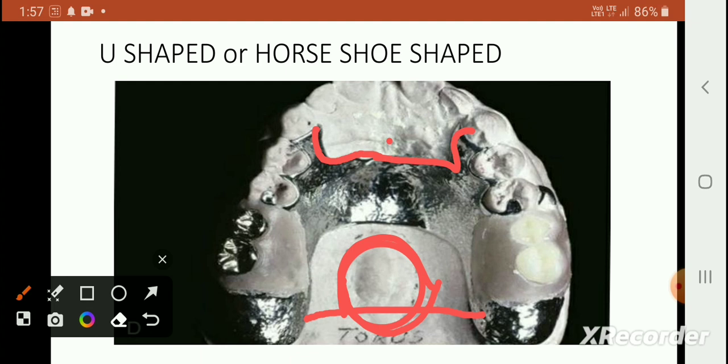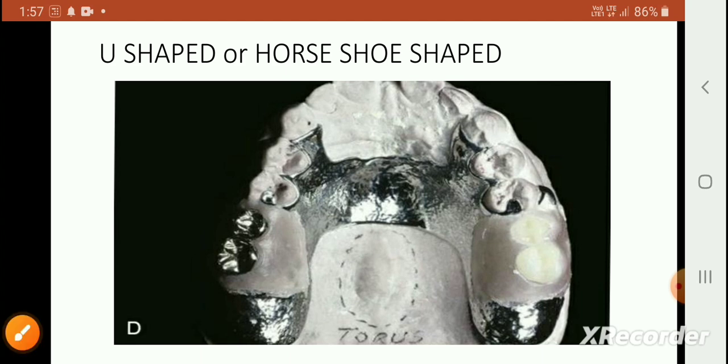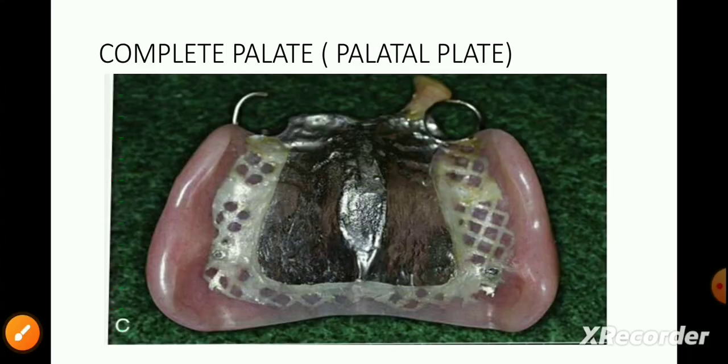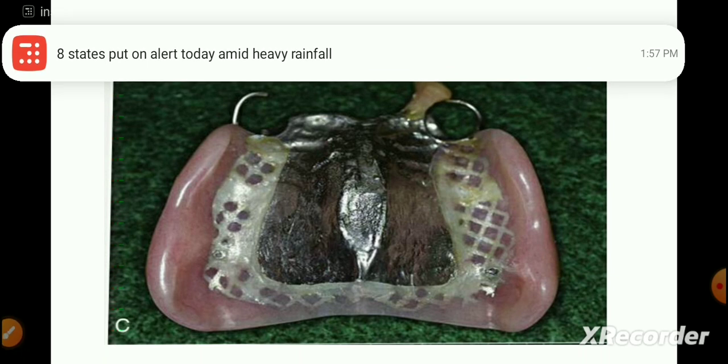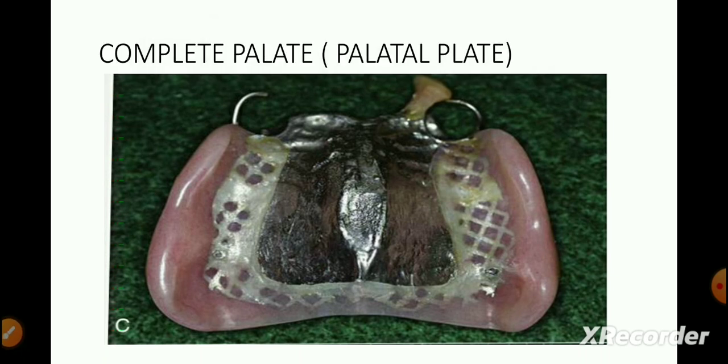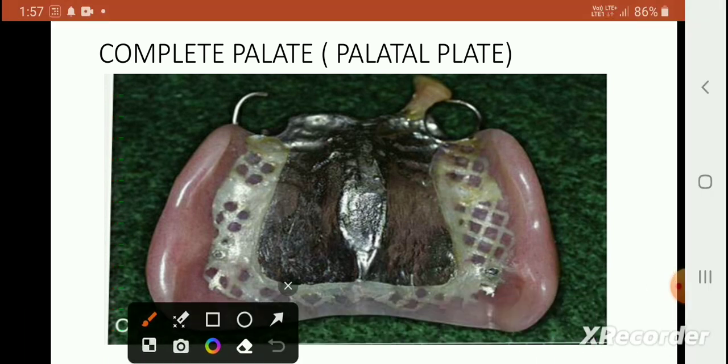Now the last type of maxillary major connector is the complete palate or palatal plate. It is the major connector that provides the greatest retention, and a posterior palatal seal is not necessary in this case.